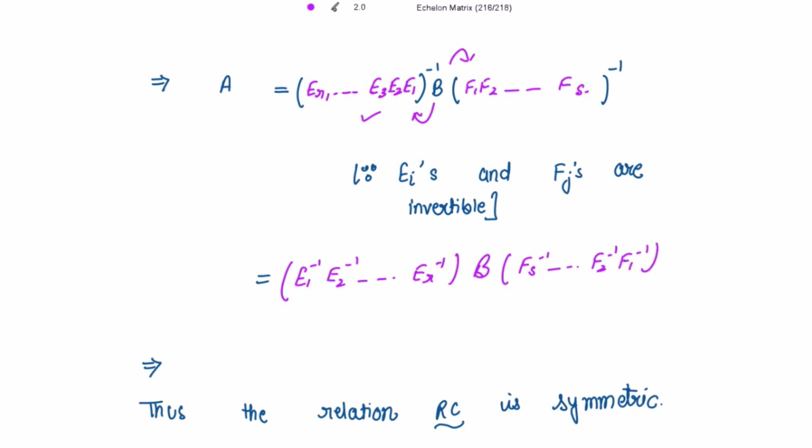Very fine. So this implies that A is obtained from B by applying the row column operations. Pre-multiplication by the elementary row matrices corresponds to the row operations. Post-multiplication by the elementary matrices corresponds to the column operations.